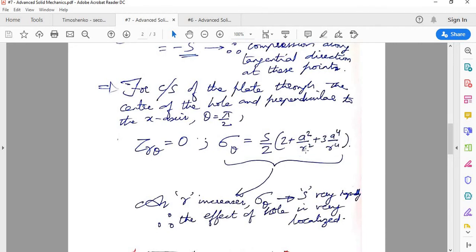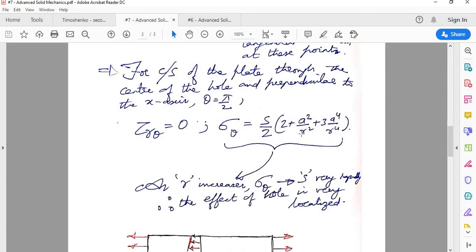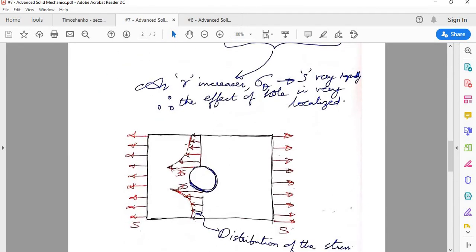But as radius increases a little bit, since you have a square term in the denominator and a raised to 4 term in the denominator, this will reduce very drastically, and it will be almost equal to the applied stress s. So this is the figure. It is 3s and it reduces to s.